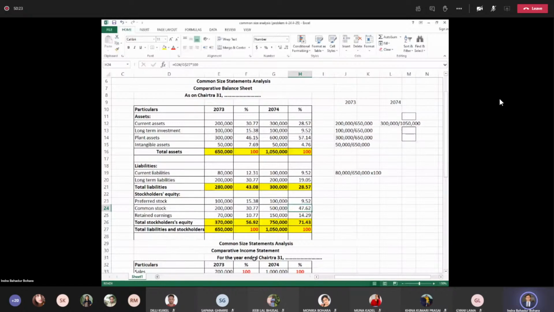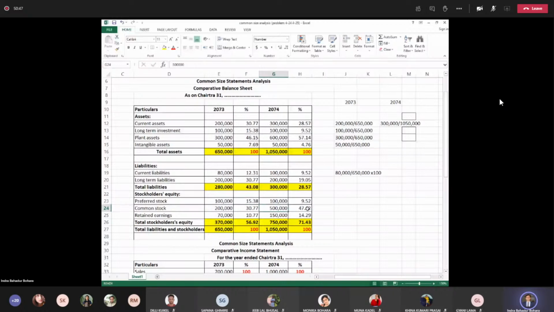But preferred stock is decreased here. The percentage of preferred stock decreased. It means the amount remains constant, no amount redemption, but the proportion of preferred stock in our total liabilities and equity decreased. But the percentage of capital increased, and the amount is also increased, it is better.